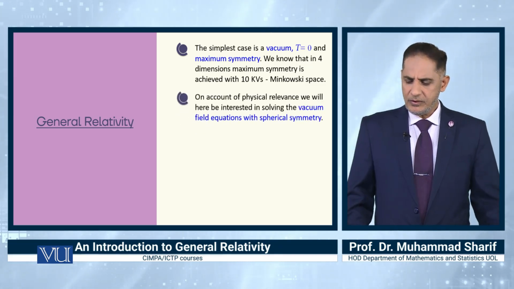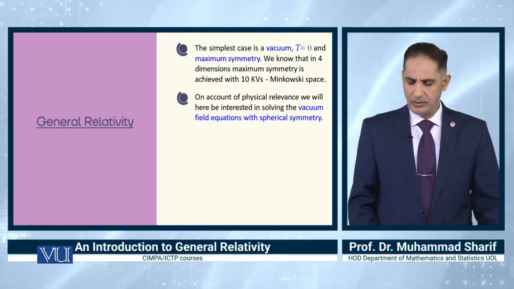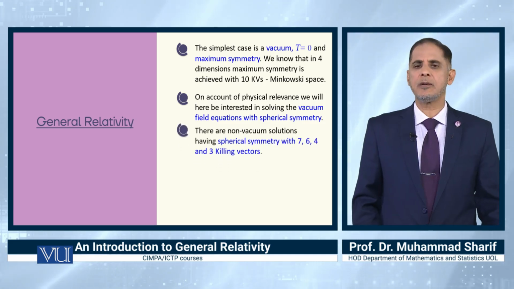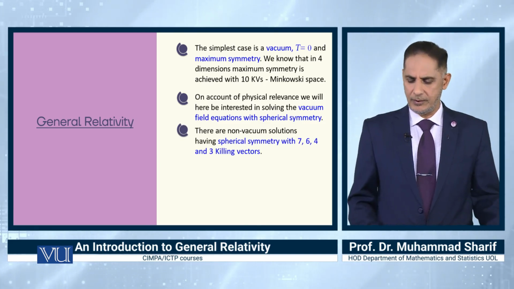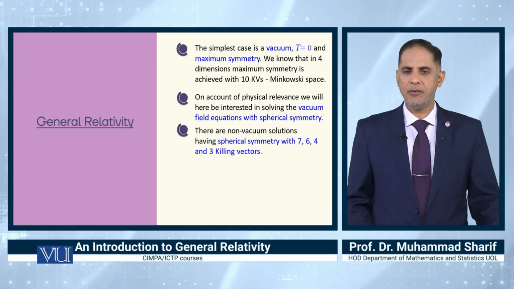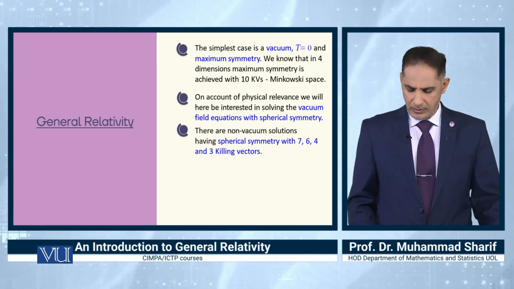So, on account of physical relevance, we will be interested in solving the vacuum field equations with spherical symmetry. So, the target is to solve the spherically symmetric vacuum space-time. There are non-vacuum solutions as well having spherical symmetry with 7, 6, 4 and 3 Killing vectors.